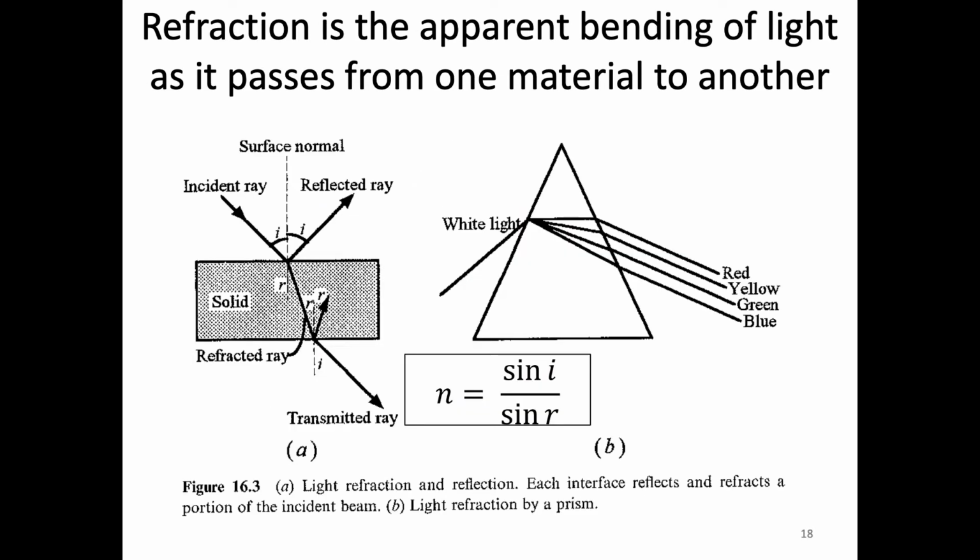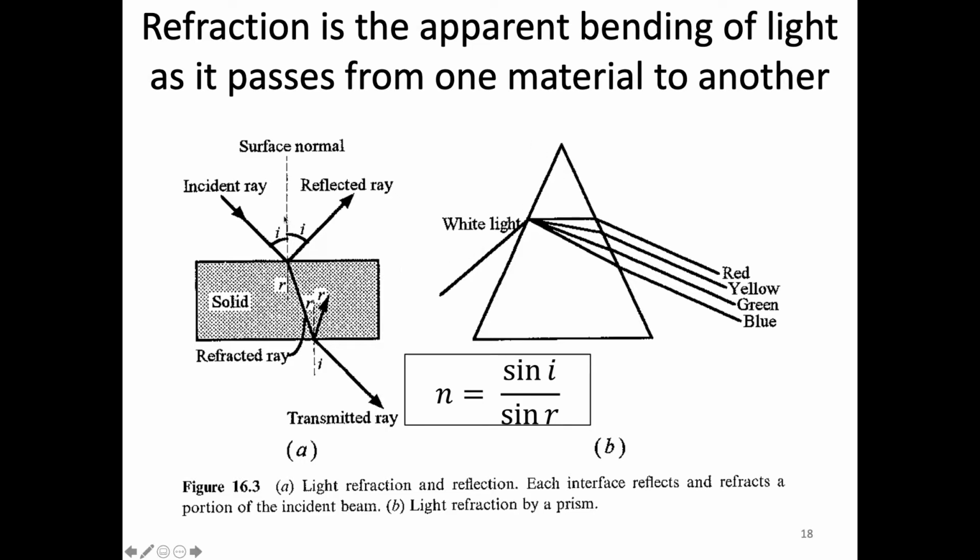Okay. I also want to look at a concept known as refraction. This is something that I think you're aware of either directly or indirectly. The concept of refraction is basically just an apparent bending of light when it passes through different materials. In this case, it goes through one material, then the other.